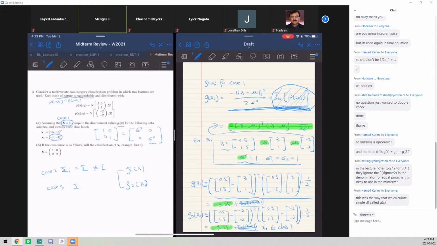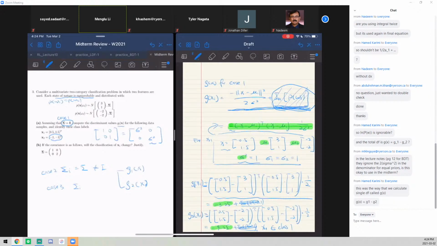In the class notes, they ignore the denominator for the equal prior. You can only ignore the prior probability when the question states that the prior probabilities are the same. If not, you need to consider the prior probability.